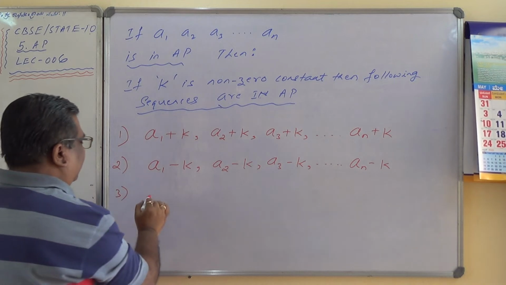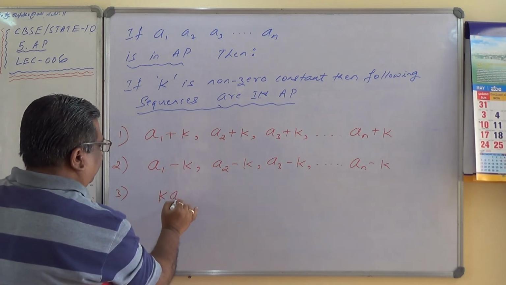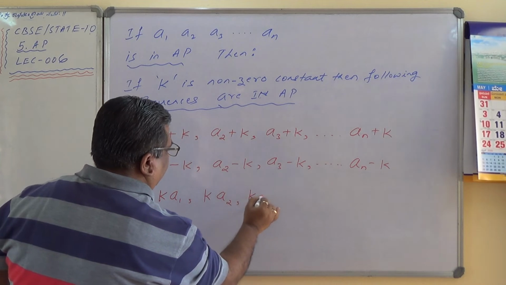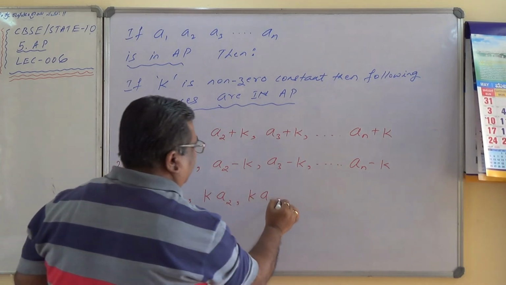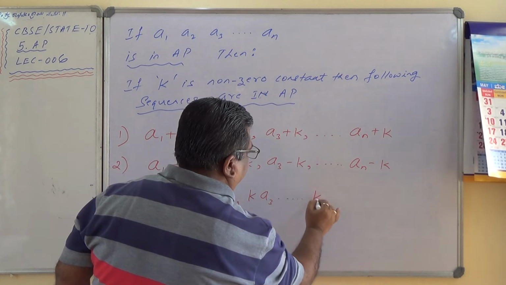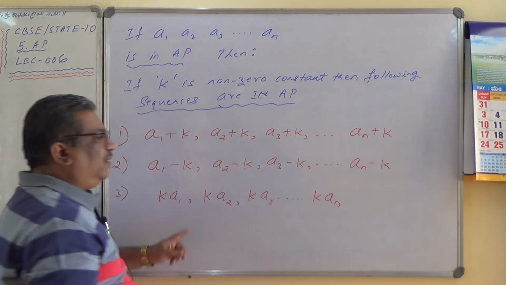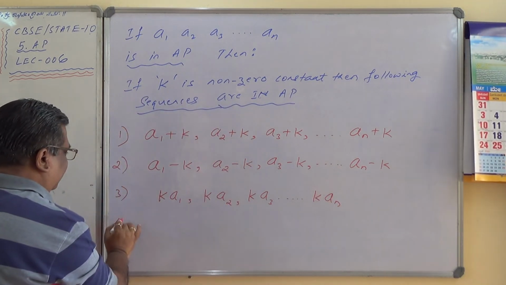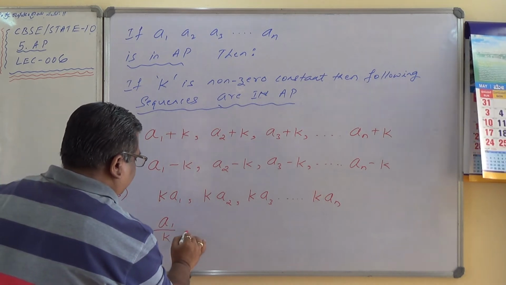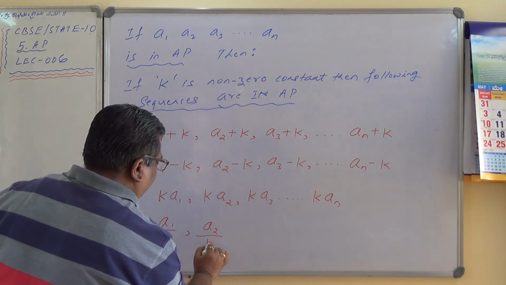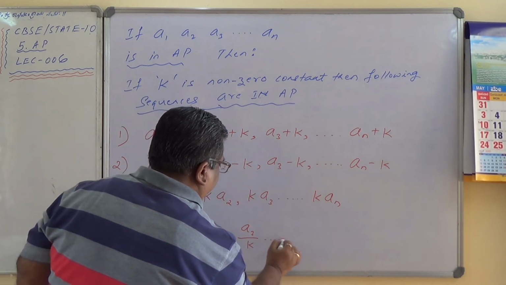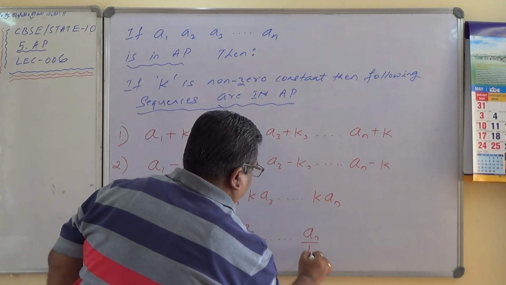Third one, ka1, ka2, ka3 and kan. This also is in AP. And finally, a1 by k, a2 by k, a3 by k and an by k.